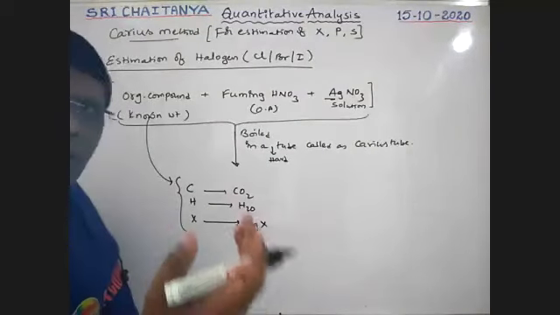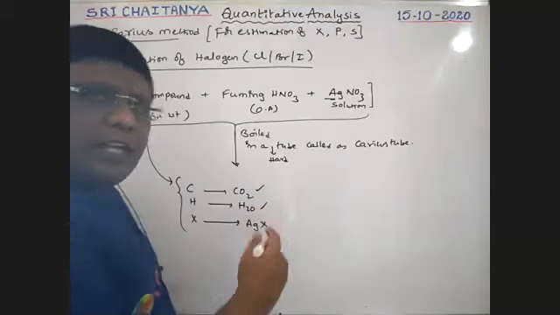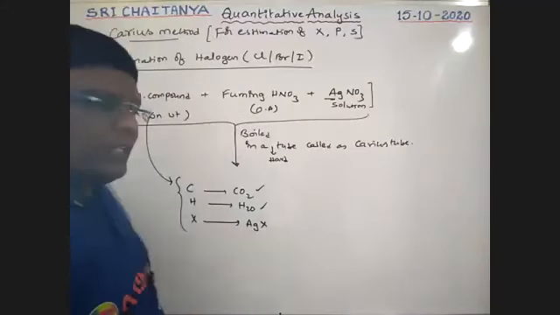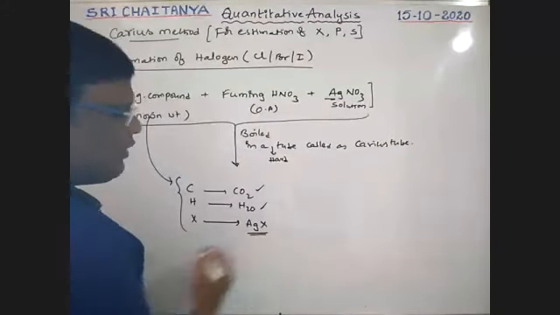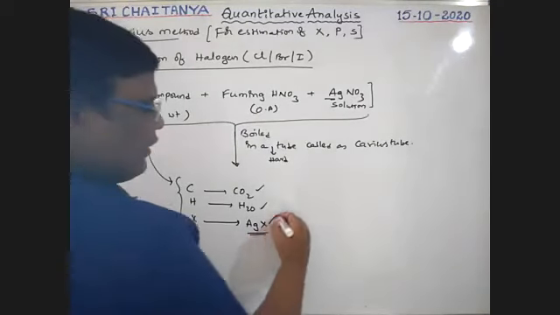Carbon and hydrogen were already estimated in your previous session by Liebig's process, but we are on halogen. That's why I am considering only silver halide.